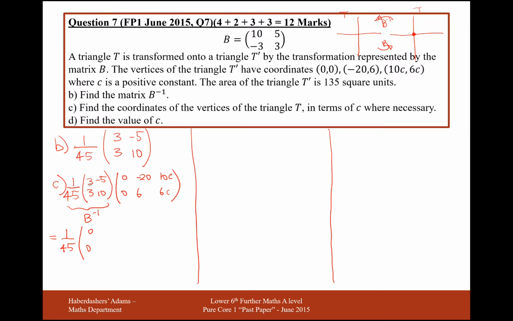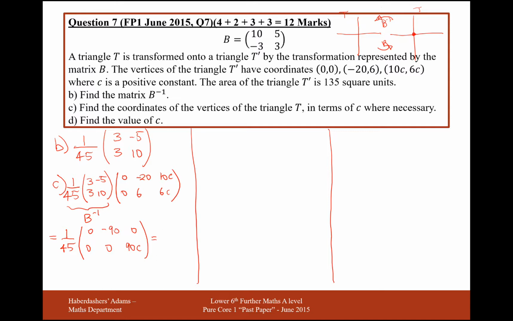Carrying on, minus 60 minus another 30, that would be minus 90. Minus 60 and 60, that will make a 0. And the last one is going to be 30c, take away 30c, that will give us a 0. And 30c, add 60c, that will give us 90c.